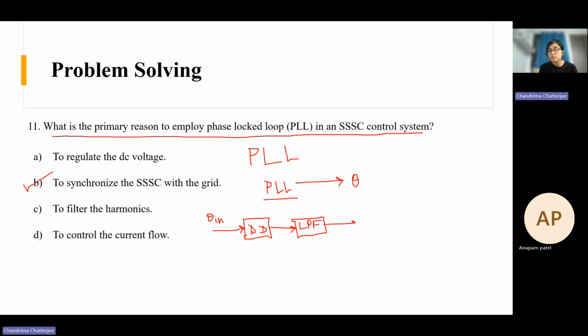Then there is also an oscillator circuit. Finally, we get the output as theta g. That is the phase angle. But obviously there is some feedback. Some feedback is required. Okay, so this is a closed loop circuit.